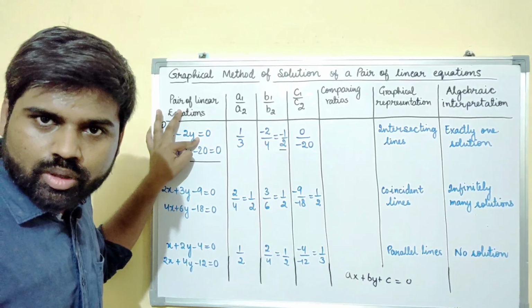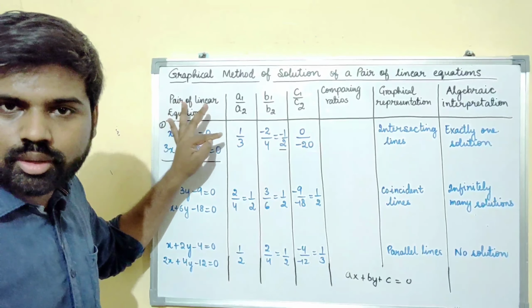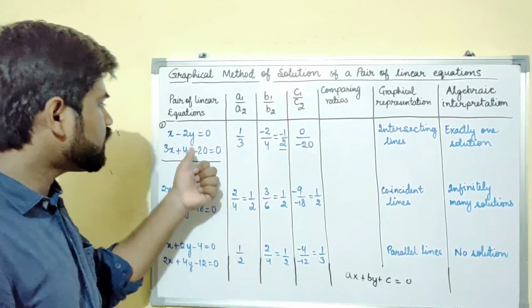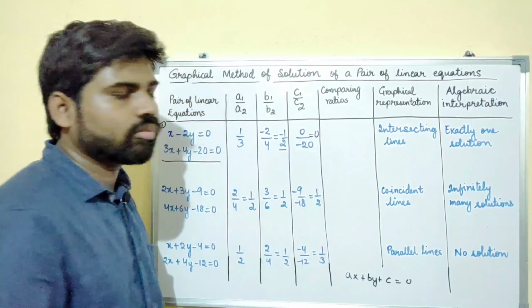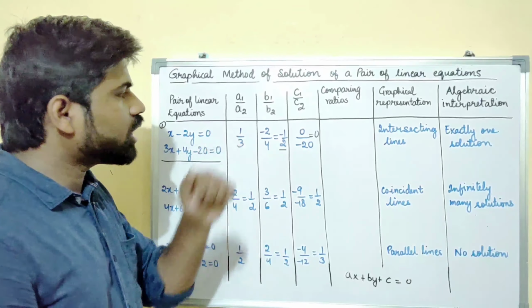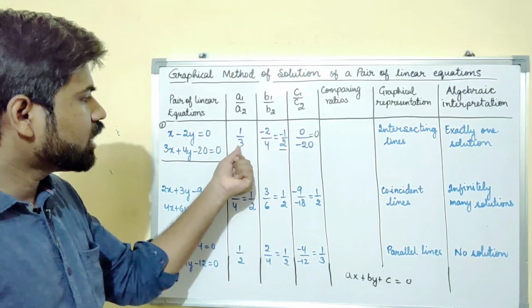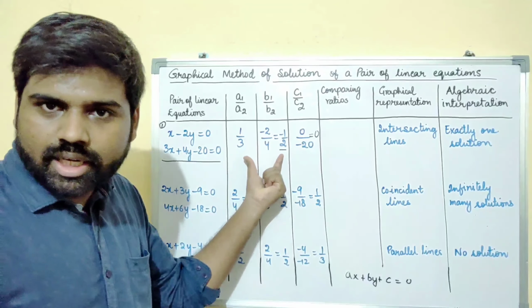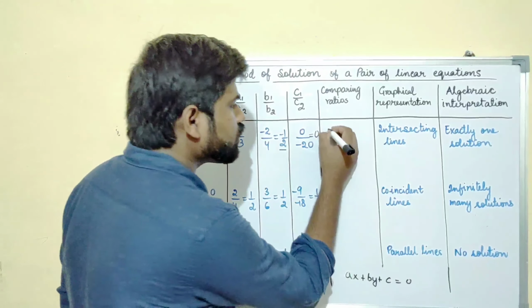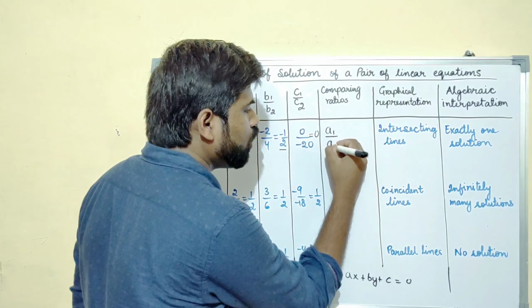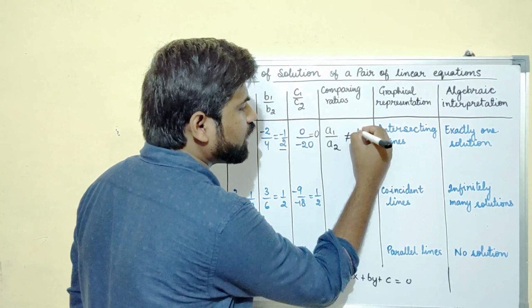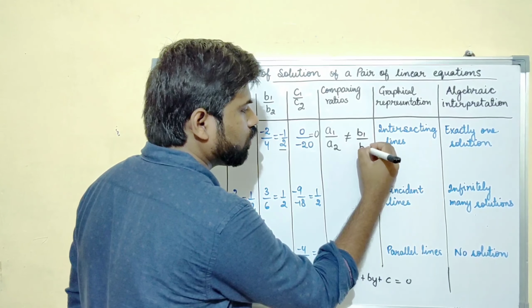It is 0, as there is no constant term in this equation, and c2 is minus 20. So it is 0 upon minus 20, which equals 0 only. Now let us compare the ratios. You can see that the first ratio, a1 upon a2, is not equal to the second ratio, b1 upon b2.